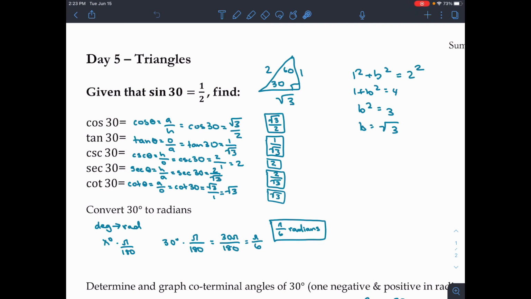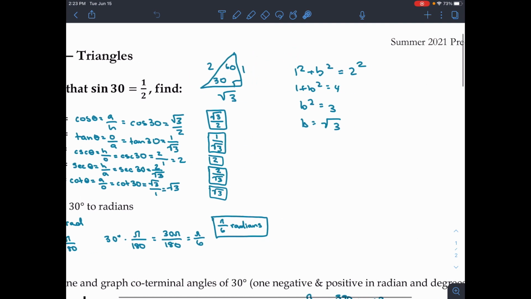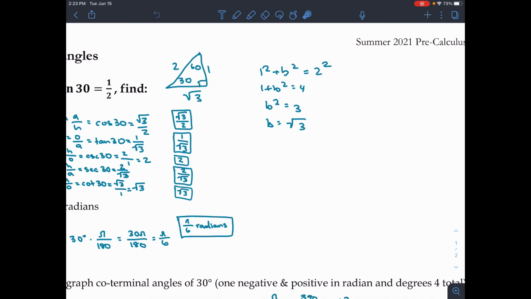Since we know that the opposite of 30 is 1, we put 1 here, and then the hypotenuse of this triangle is 2, we put 2 here. To find this missing side, we would use the Pythagorean theorem. a squared plus b squared equals c squared, so 1 squared plus b squared equals 2 squared.